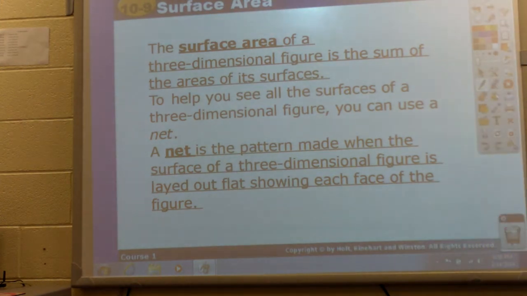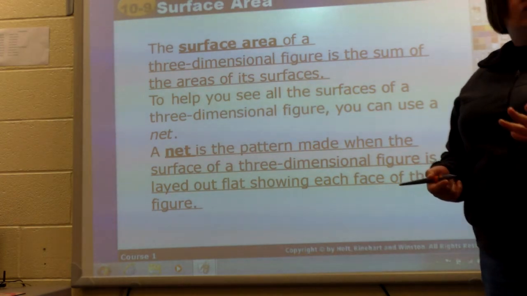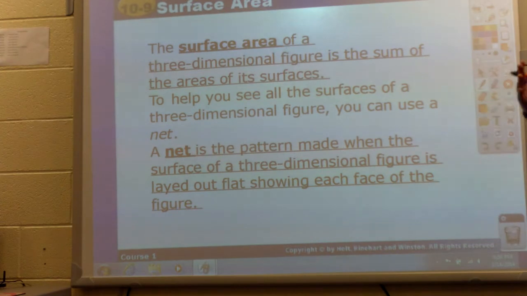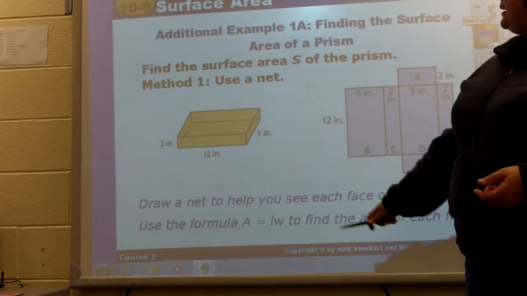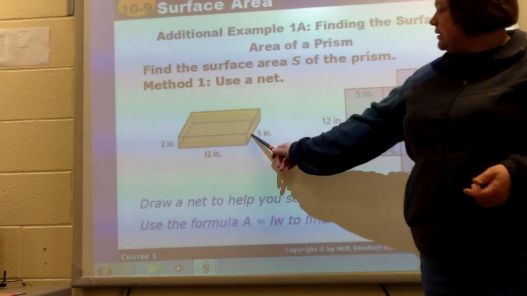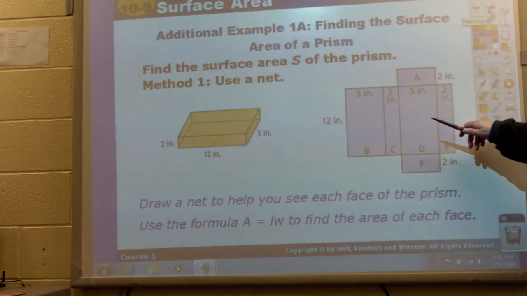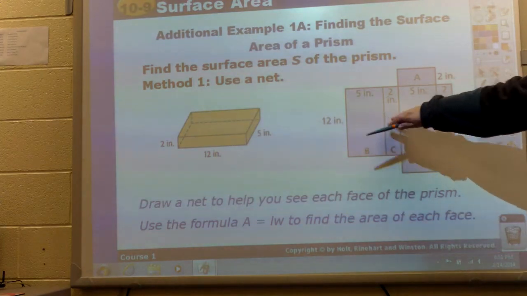The net is basically just unfolding that 3D shape into a flat 2D picture and looking at the area of each piece and then adding them together. For example, we have a rectangular prism here. Over here is the same rectangular prism, except we have cut it and unfolded it and laid it out flat.